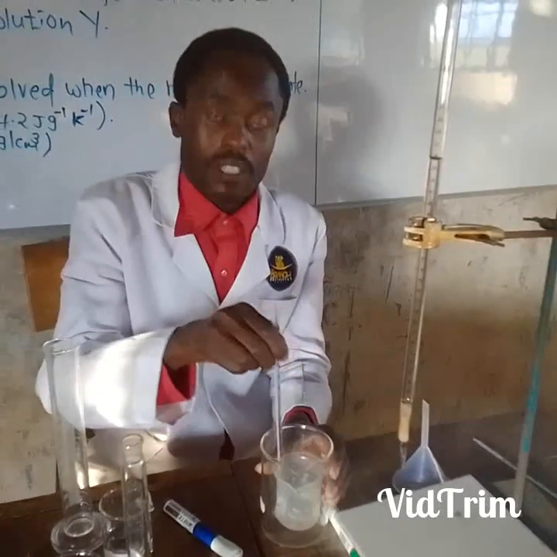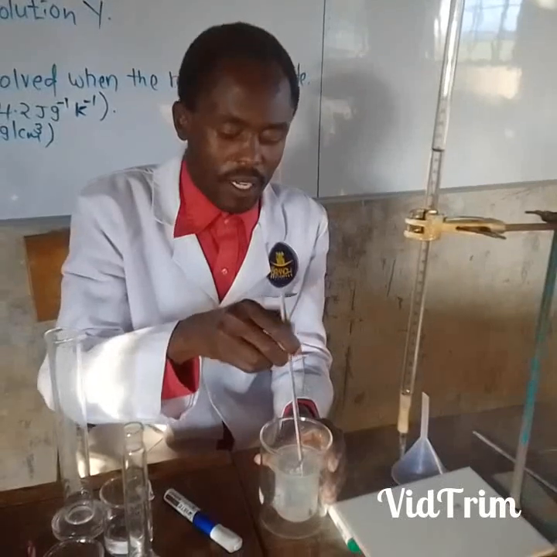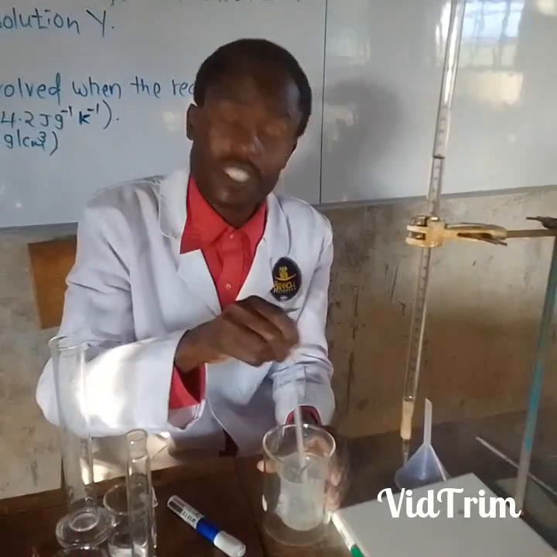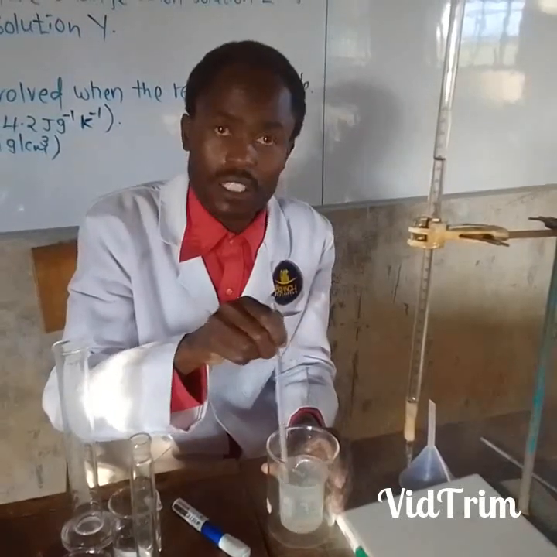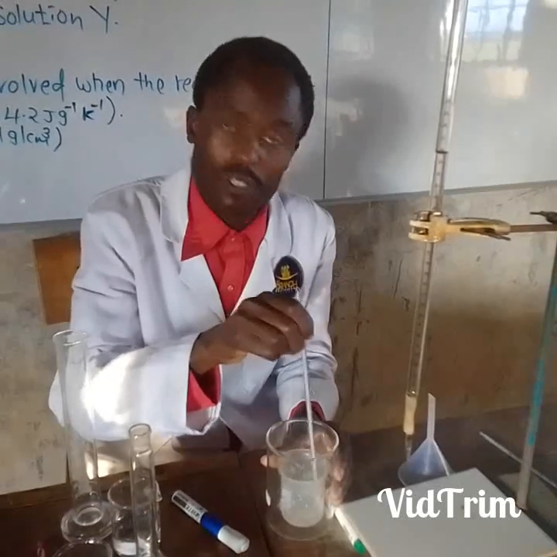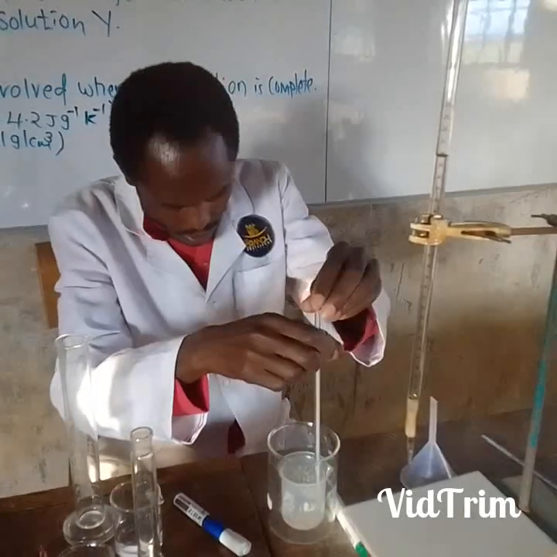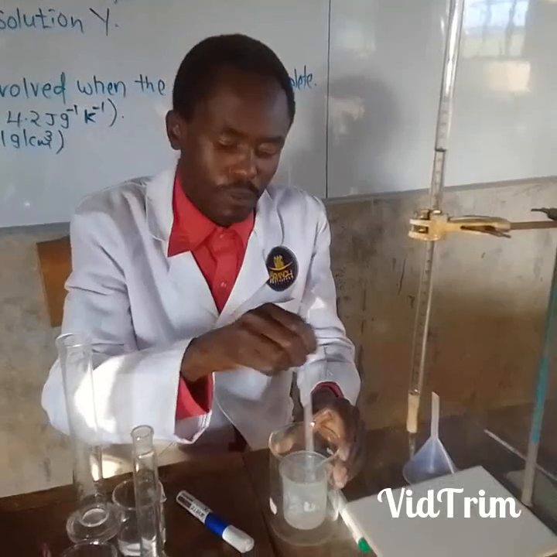Then I again start using the thermometer. And this one, my student, requires patience, as you can see. If you are not patient, you cannot make it. Oh, it is still dropping.